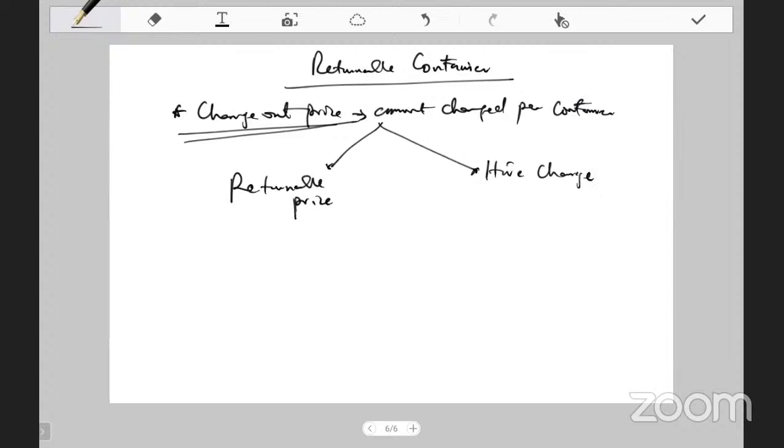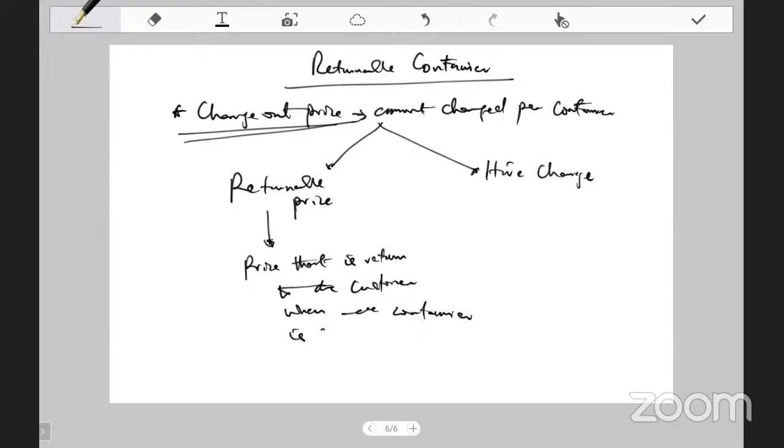The hire charge is the price for using my container. And the returnable price is the amount that will be credited into the customer's account once the container is returned. So the returnable price is the price that is returned to the customer when the container is successfully returned.